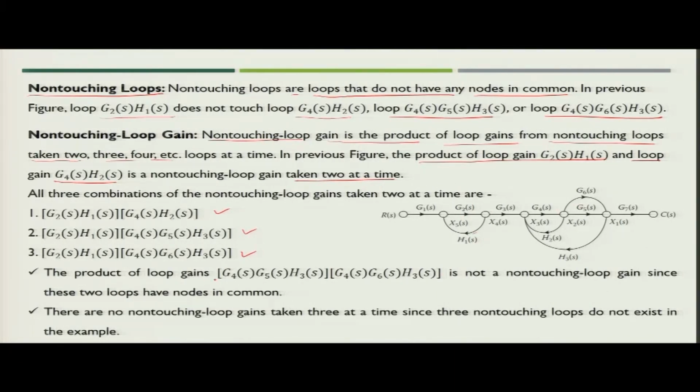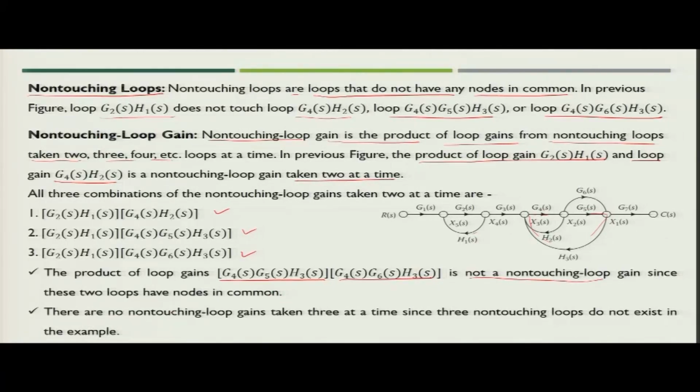Now, the product of loop gains, if you take this loop and this loop, cannot be considered as non-touching loop gains because the nodes are common. So, we only consider loops which do not have common nodes for non-touching loop gain.